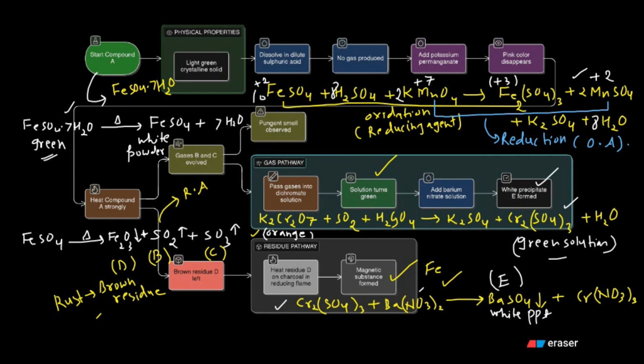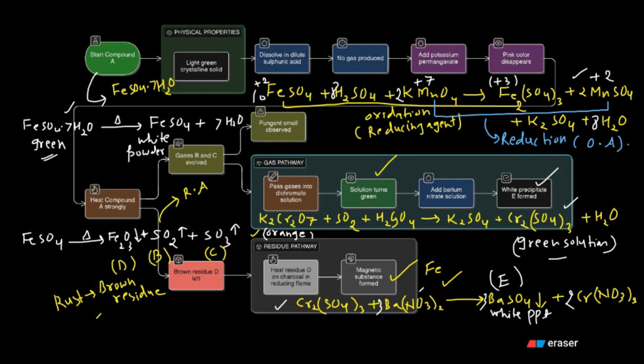If you want to balance this reaction, you need 3 of barium nitrate, and 3 of barium sulfate will form, and 2 of chromium nitrate will form. So this is how the reaction will go. This is something very, very important. Nothing is happening to the chromium here.